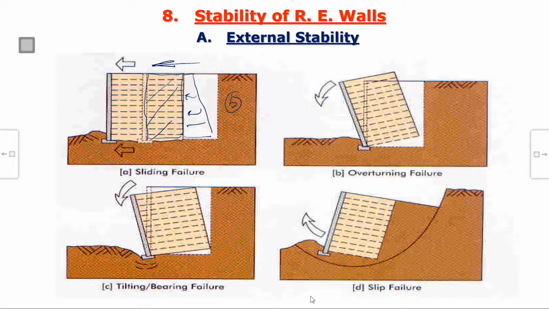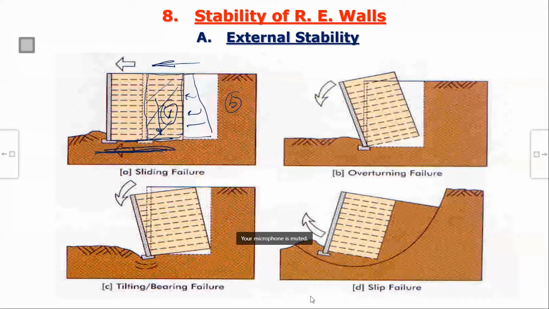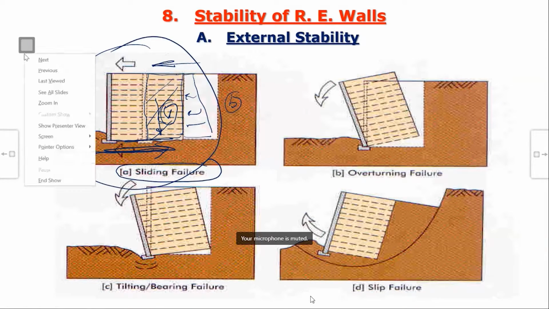Because of that earth pressure, it will try to slide horizontally. And what gives the resistance? At the bottom there is some vertical load V, and there will be some friction at the bottom of this wall, which gives the resistance. So I have to check that there is no sliding failure, number one, in the external stability check.